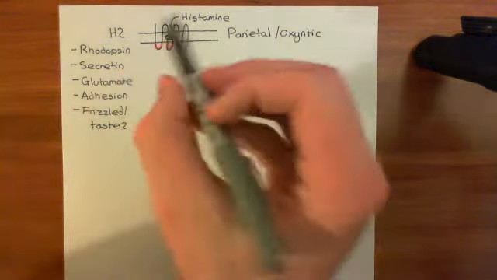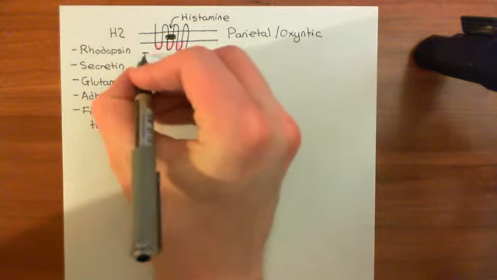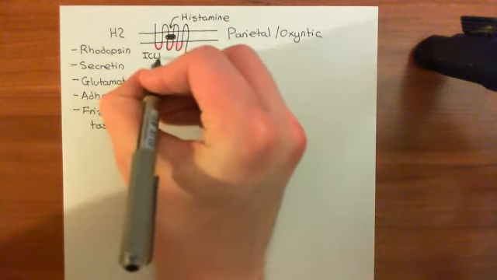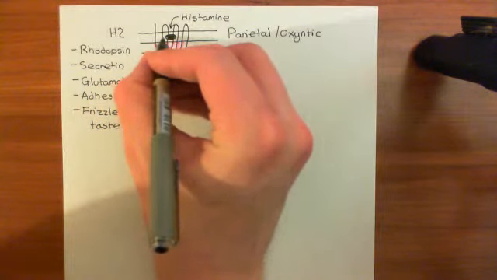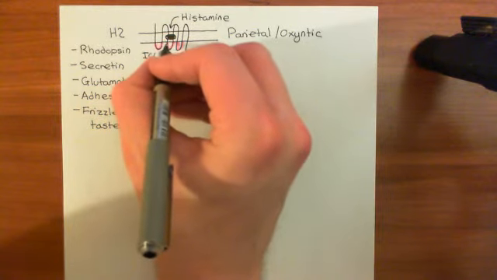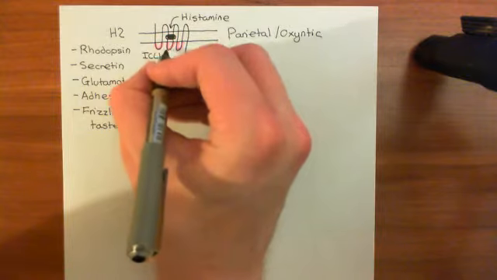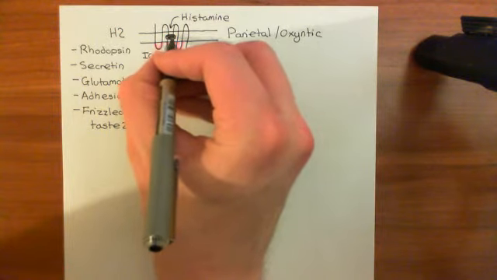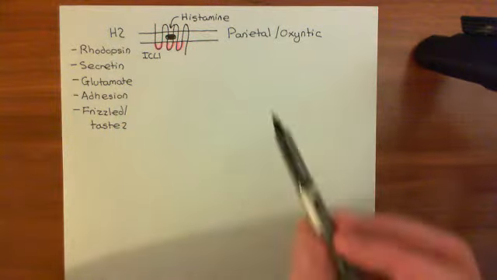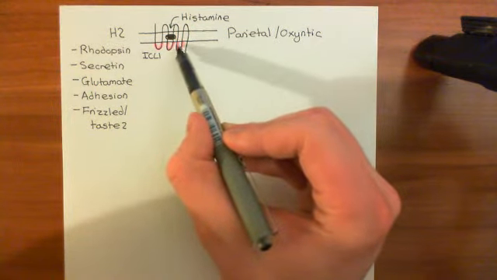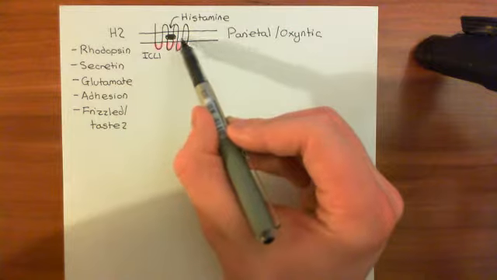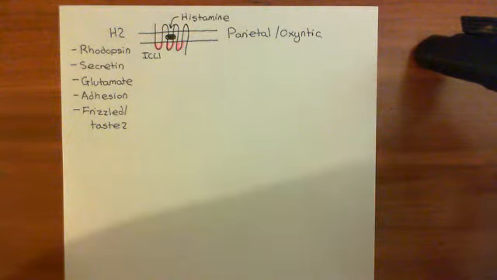The first intracellular loop, ICL1, is between the first and the second membrane-spanning alpha helix. The second intracellular loop, ICL2, is between the third and the fourth, and the third intracellular loop is between the 5th and the 6th membrane-spanning alpha helices.